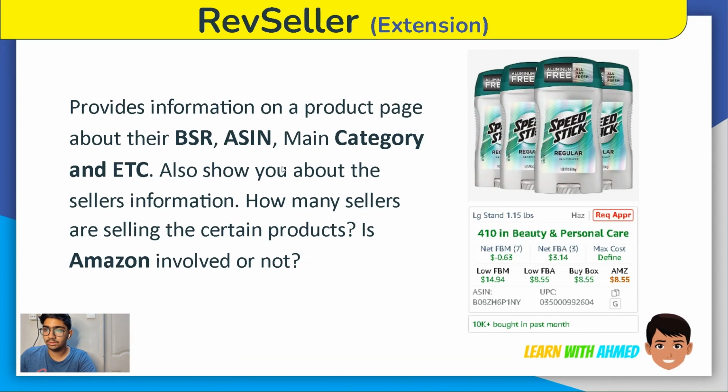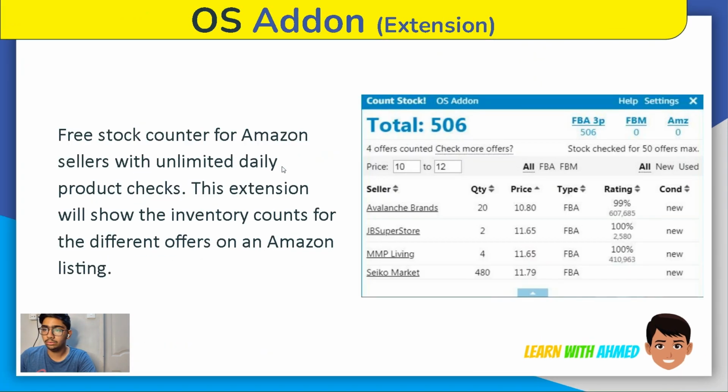As I told you, RevSeller is paid, whereas OS add-on is free of cost, but they have different functionalities. RevSeller gives you much more tools, but the work OS add-on does is specific to OS add-on. So I recommend you also get OS add-on with RevSeller.